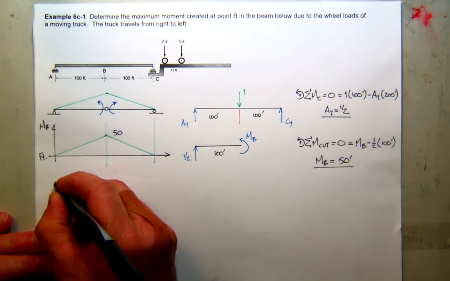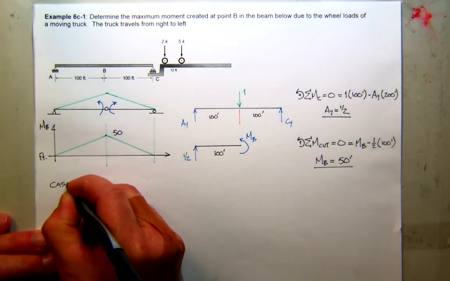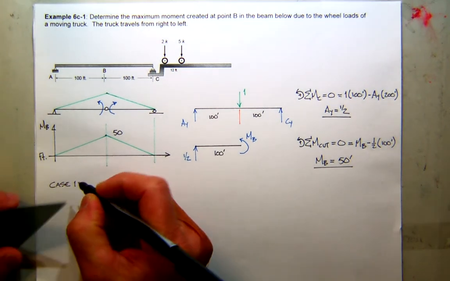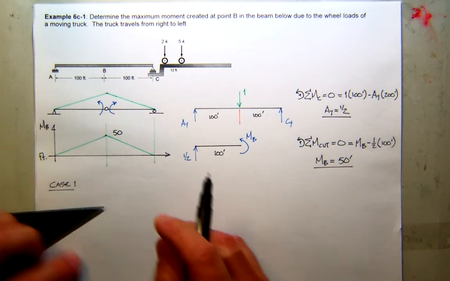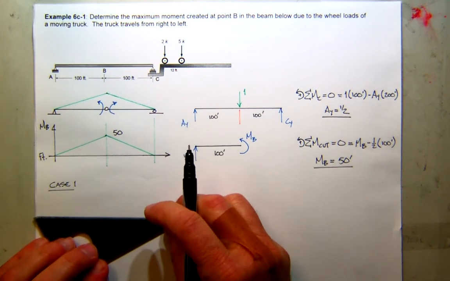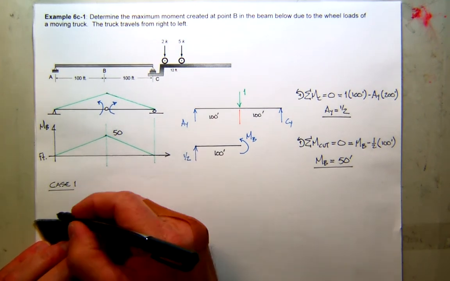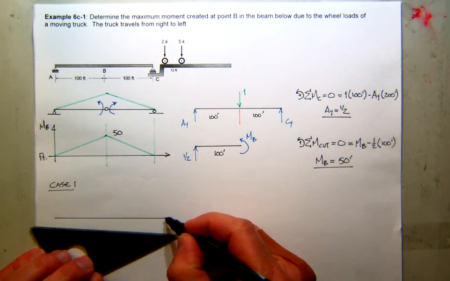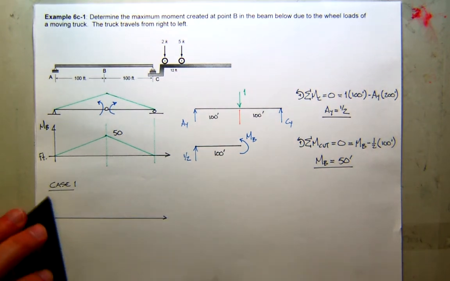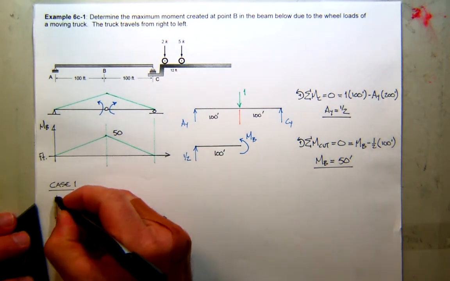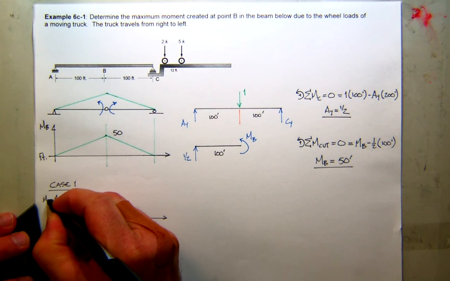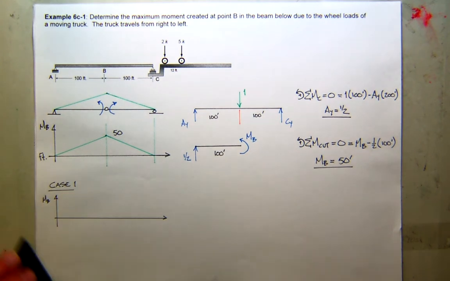So here's case 1. Give me a second here to redraw the influence line so that you can see this stuff. I will change the scale a little bit so I can fit some things in.